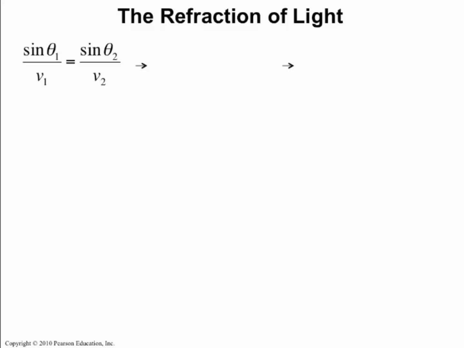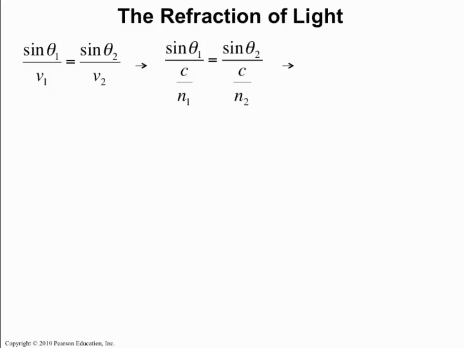All right, let's talk more about the refraction of light just to arrive at another equation. So if sine theta 1 over V1 equals sine theta 2 over V2, which we've already seen, and we keep in mind that V1 is defined as C over N1, where N1 is the refractive index of substance 1, and N2 then is the refractive index of substance 2.